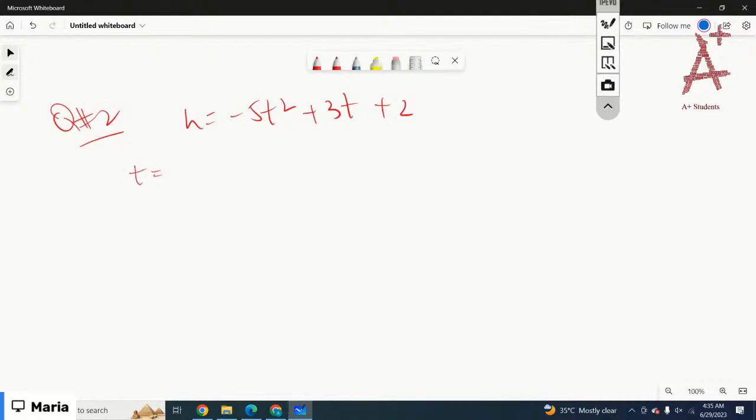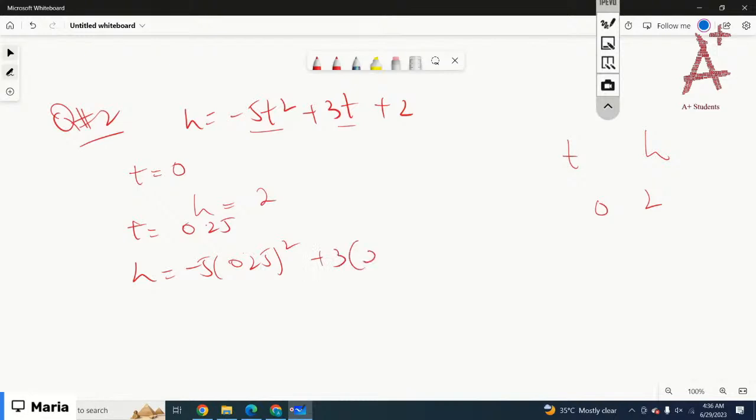Okay, let's suppose t equals 0. Then h is 0 plus 0 plus 2, so when t is 0, h is 2. Now let's suppose t equals 0.25. So h equals negative 5 times 0.25 squared plus 3 times 0.25 plus 2.